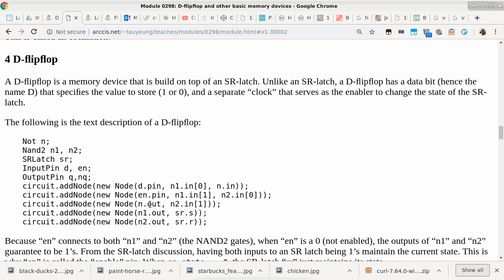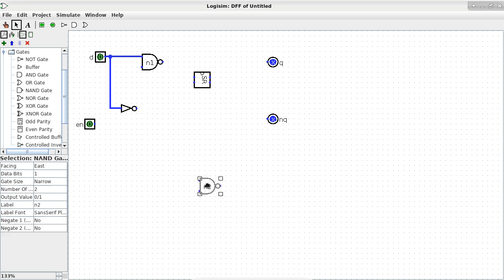So let's look at the second node. The second node says we want to hook up the EN pin to the other input pin of N1 and the first input pin of N2. So it hooks up to both of the NAND gates, except it hooks up to the second input of the first one and the first input of the second one. So we'll have it perhaps here.